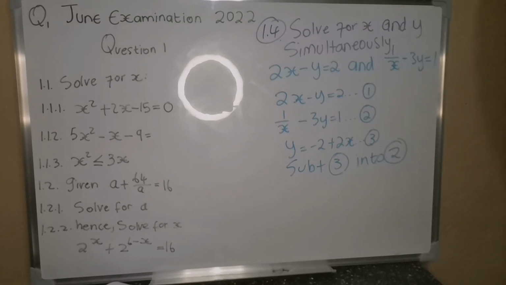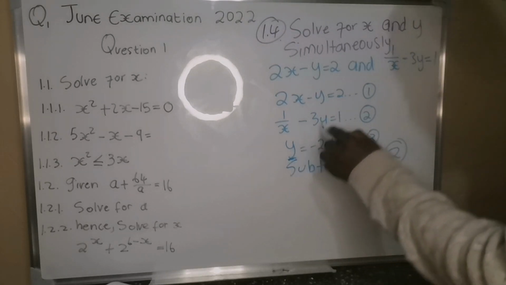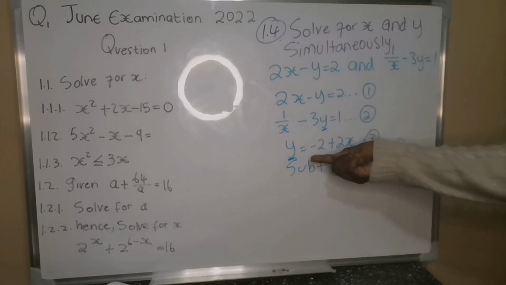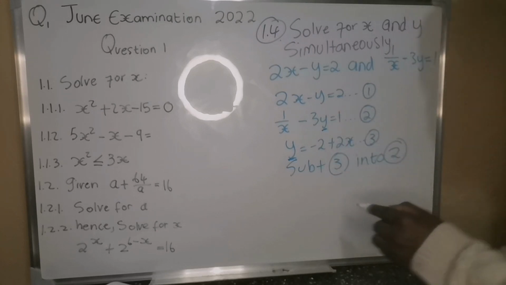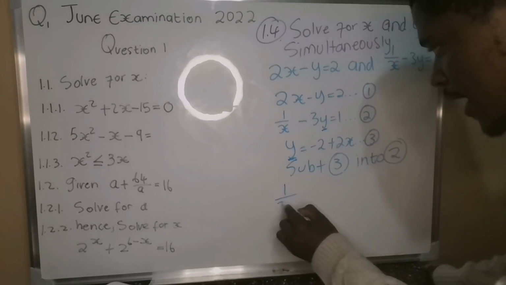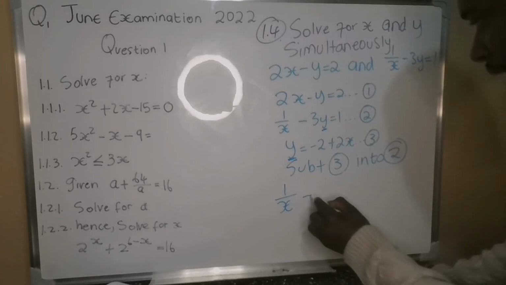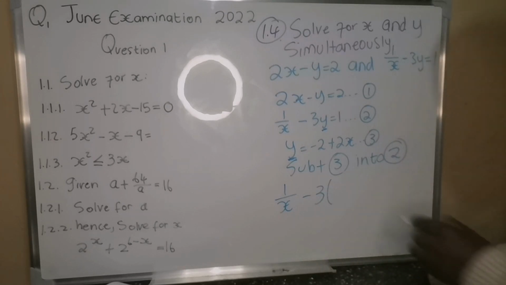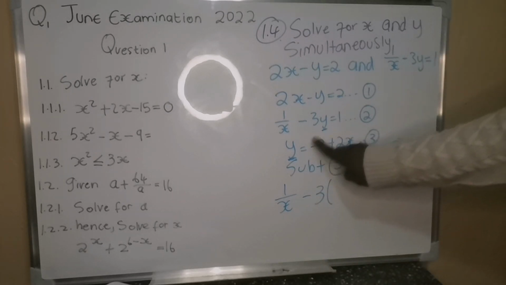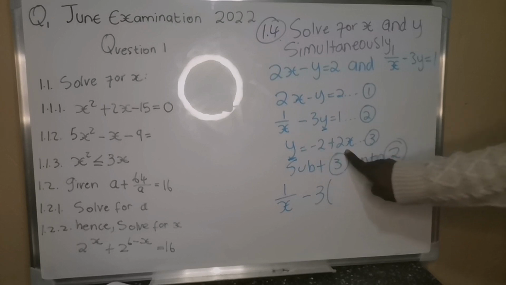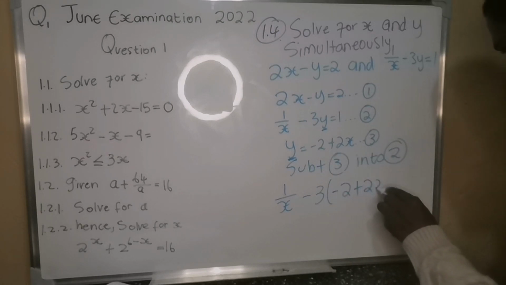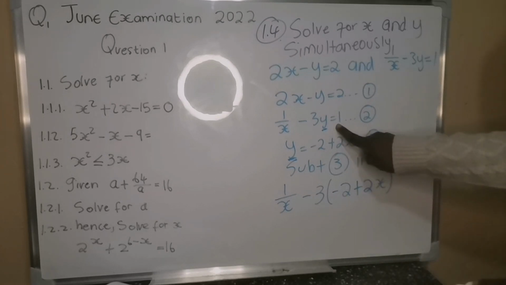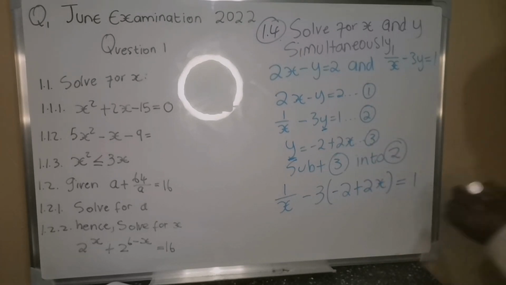This means where I see y in my equation number 2, I put in negative 2 plus 2x. Here's my y. So in equation number 2, I have 1 over x minus 3, open bracket, where I see y I put in negative 2 plus 2x, close bracket, equals 1.